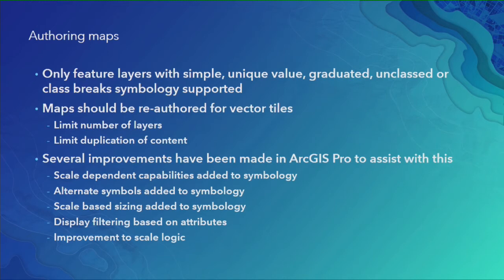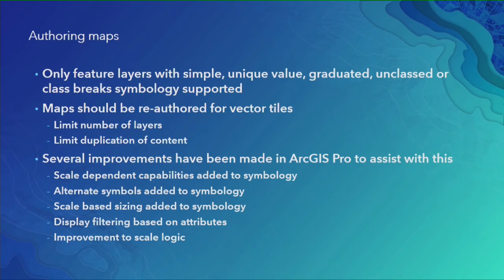Now, that said, it wasn't easy to author those types of maps that are streamlined and multi-scale until we added a bunch of capabilities to ArcGIS Pro to help you out with that. And those capabilities are scale-dependent symbology, a concept called alternate symbols, which is a variation of scale-dependent symbology.